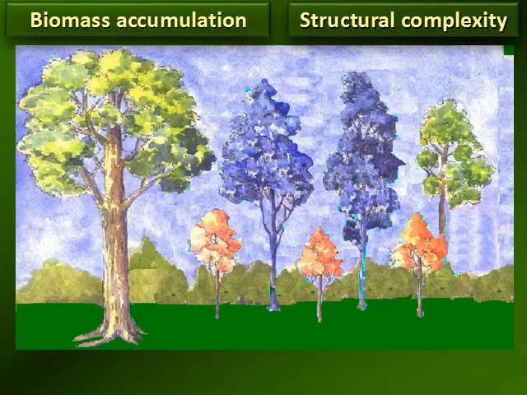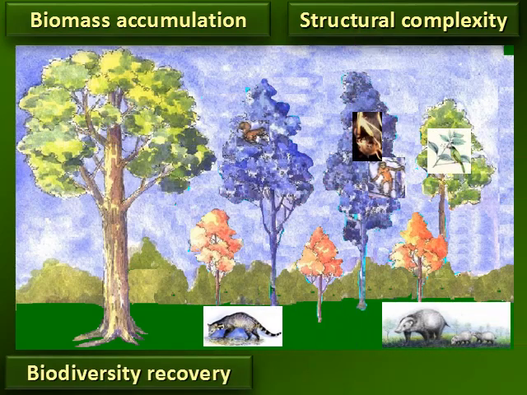On bigger branches, epiphytes can come in, and this creates the third thing that we're looking for, which is niche space. There we are. We've got some niches going there. We've got some animals coming in. So structural complexity leads to more niches, and these niches can be filled by more species. So your overall biodiversity goes up, and it should go up faster than would occur naturally.